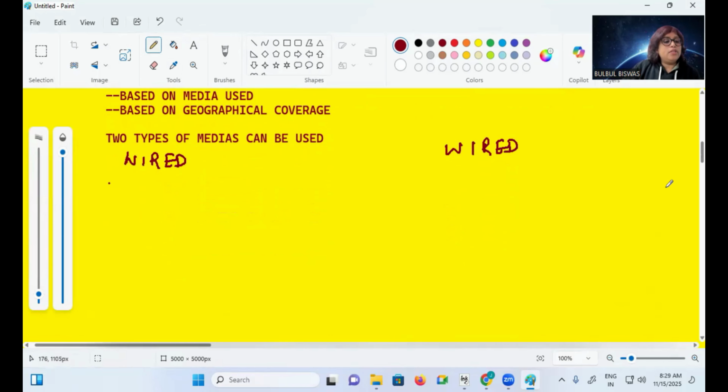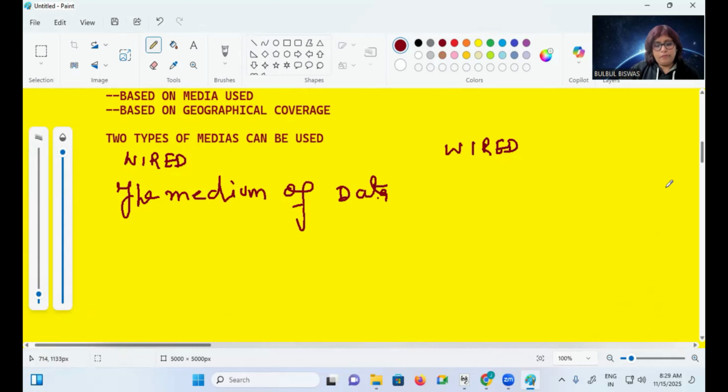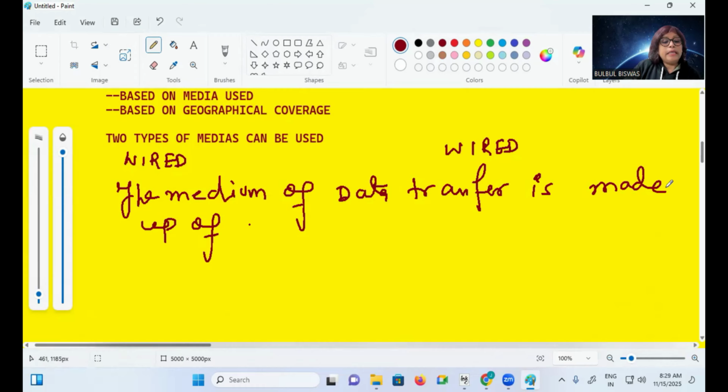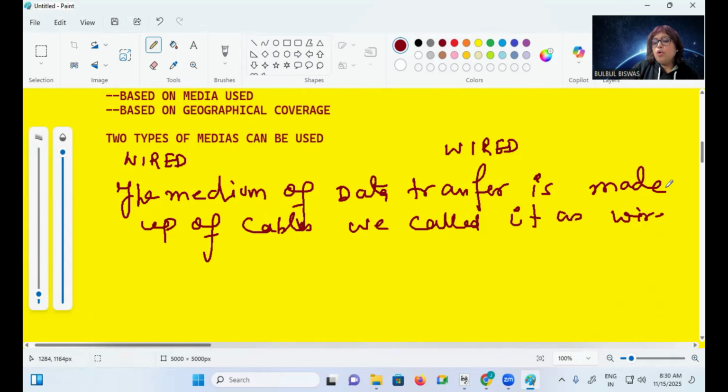If the medium of data transfer is made up of any material, any cable, then we call it wired media.